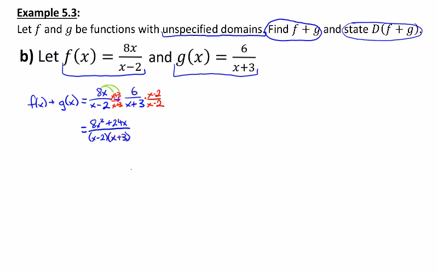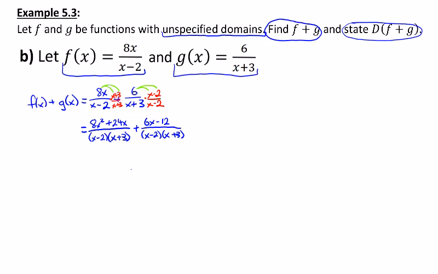Just leave it as x minus 2 times x plus 3. And then the second fraction, I'll do the same thing. I'll take 6 and I'll distribute it to the x minus 2 in the numerator, and that will give me 6x minus 12. And then denominator, I'll write as x minus 2 times x plus 3.